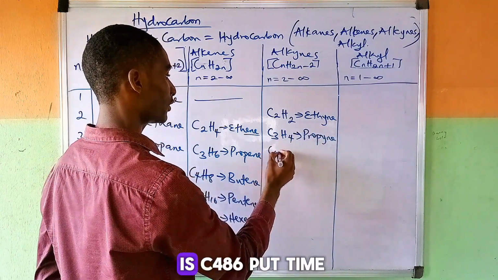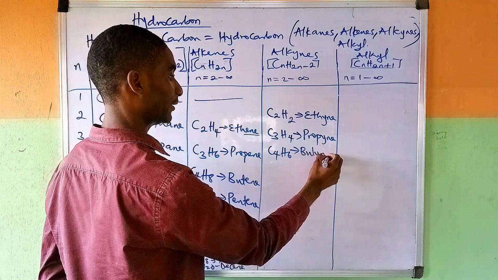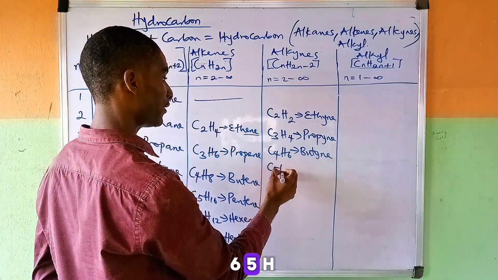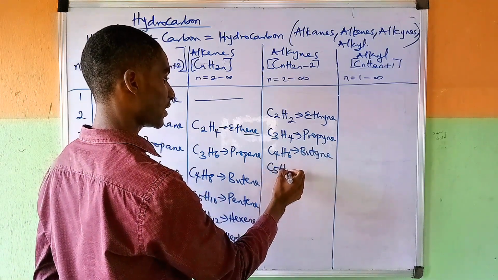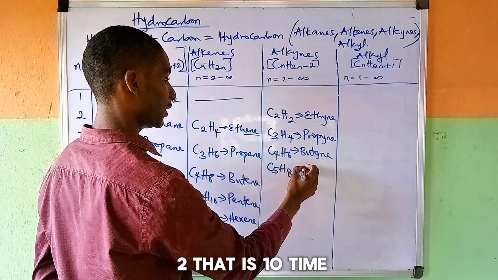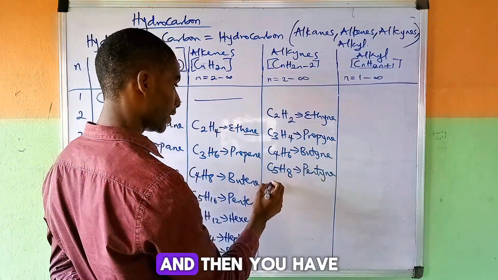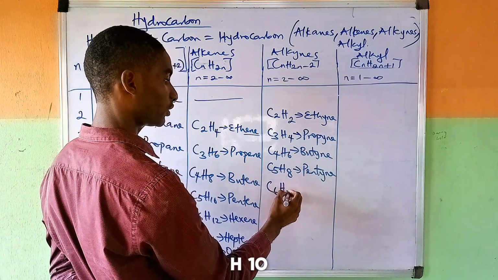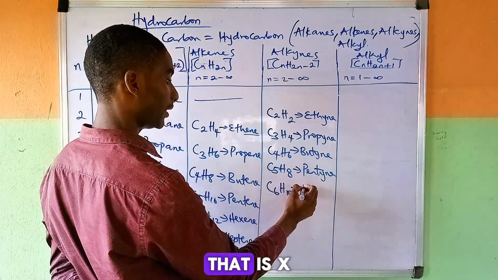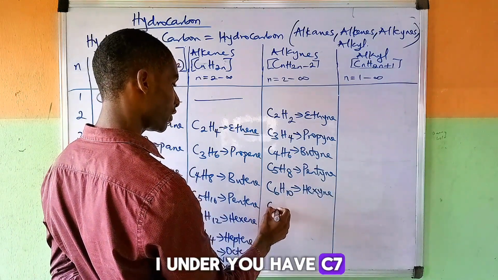And the next one is C4H6, butyne. And the next is C5H8, that is 10 minus 2. That is pentyne. And then you have C6H10, that is hexyne.